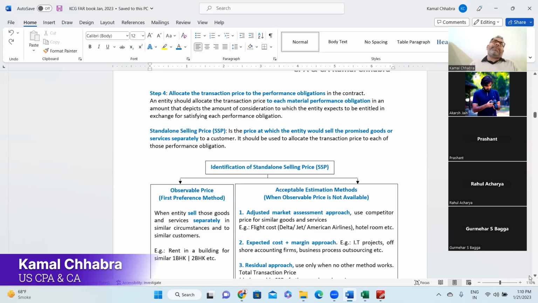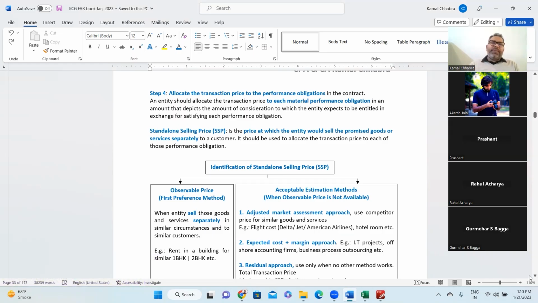And you want to fix the price for a flight from San Francisco to, let's say, Los Angeles. How do you fix the price? How do you identify the price? And what should be the right price of your flight from San Francisco to Los Angeles?